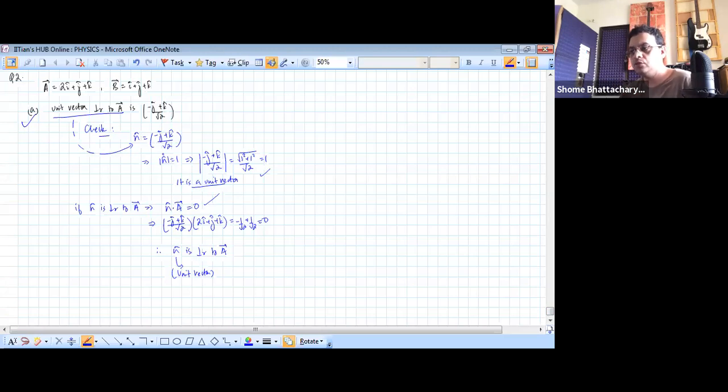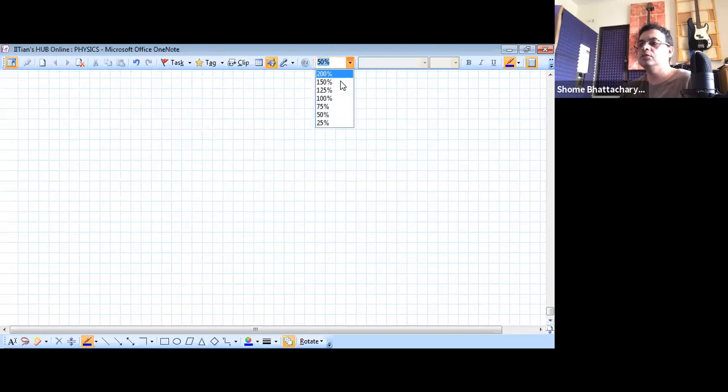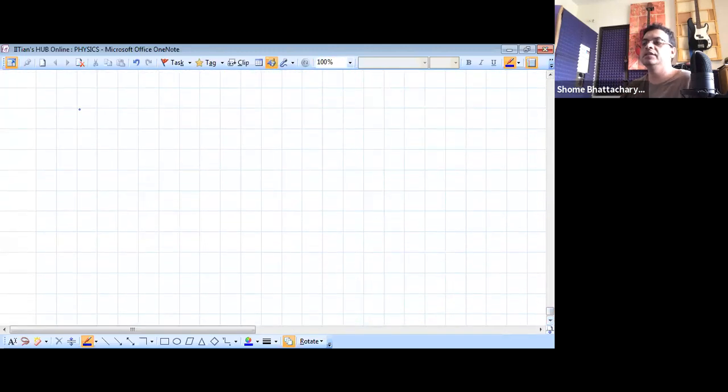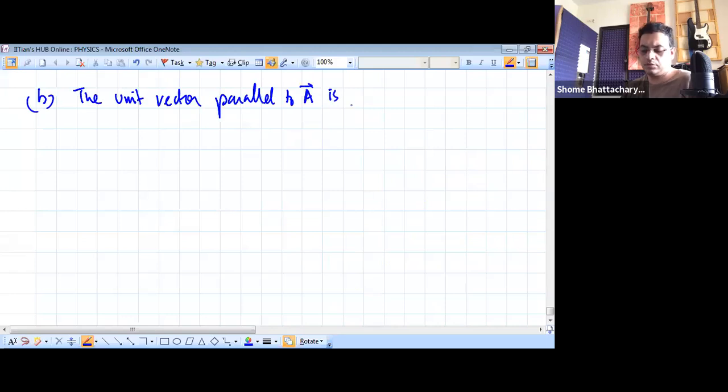Similarly, we check option B now. Option B is asking for the unit vector parallel to A. So the statement of option B is that the unit vector parallel to A is this one, 2 I cap plus j cap plus k cap whole divided by root of 6.